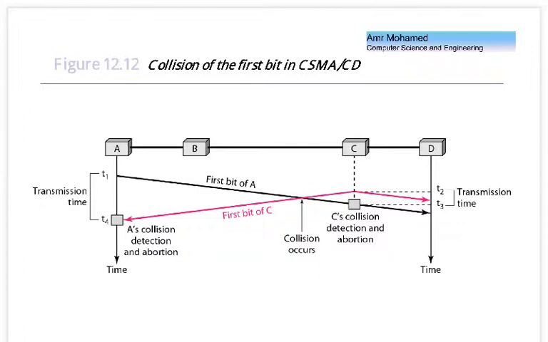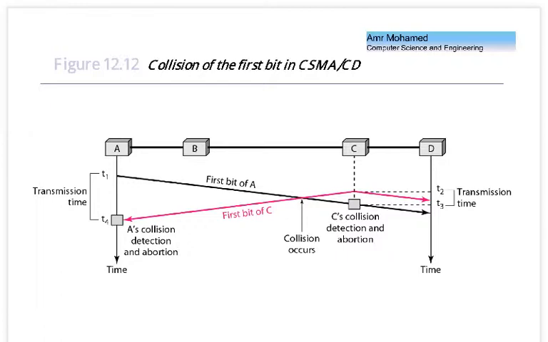It knows that it is transmitting, and here it will be able to listen to the transmission happening from A. So node C will be able to detect the collision here, which in the time sequence is after this time.